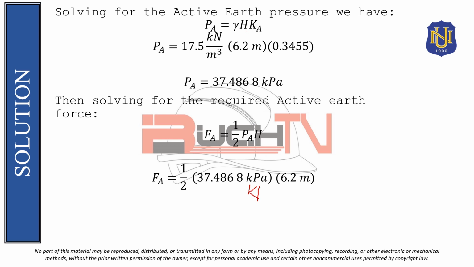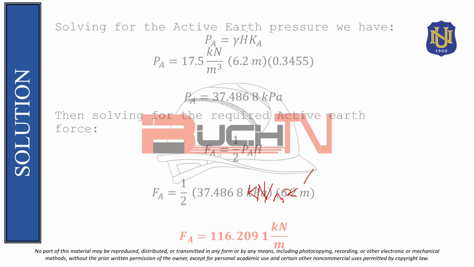Same units, kilonewton or kilopascal is equivalent to kilonewton per meter squared. So, this will cancel. We will have a final answer having a unit of kilonewton per meter. So, that is 116.2091 kilonewton per meter. So, meaning we have analyzed the retaining wall per meter strip.